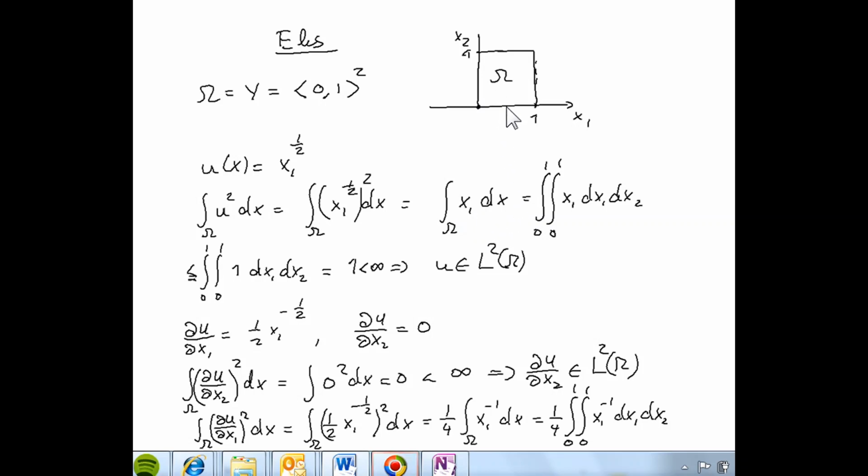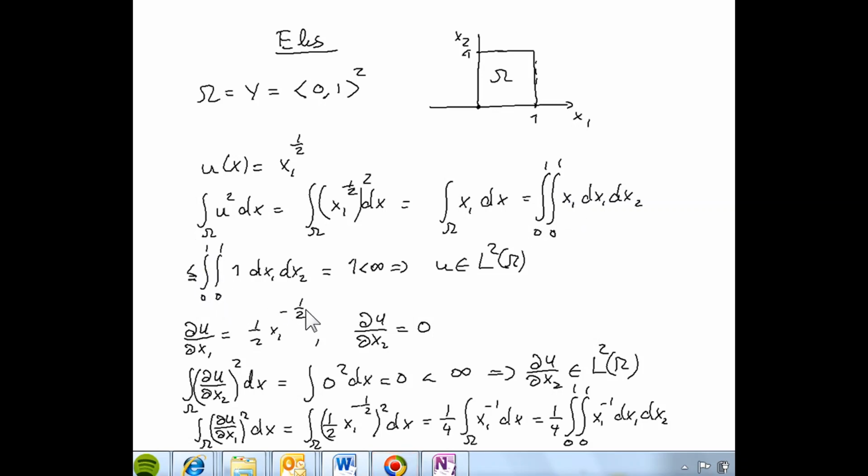And since omega is from 0 to 1, we can just compute this double integral from 0 to 1 of x1 dx1 dx2, and this is less than the integral of the constant 1, because x1 in this square is less than 1.